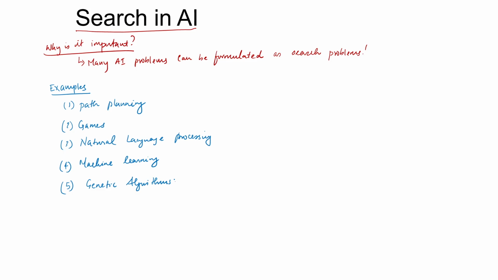These are some important examples, and these problems are very critical in the AI domain, and there is a lot of work going on both in industry and academia in this region. So, that is why search is important.